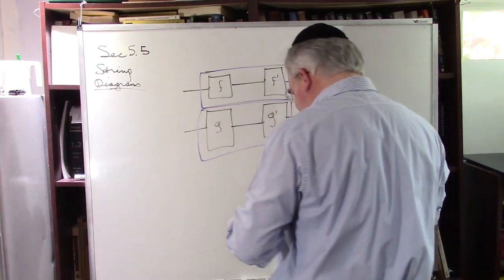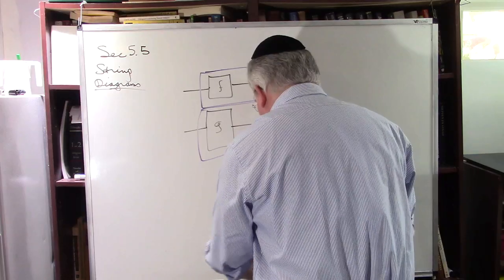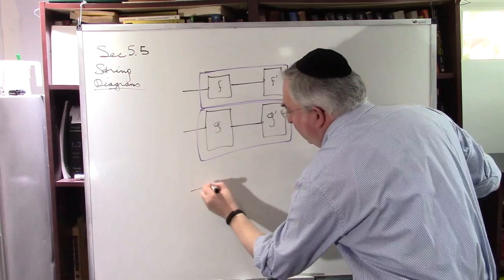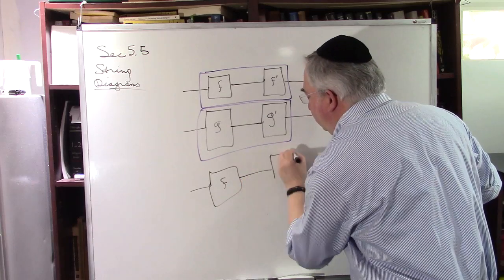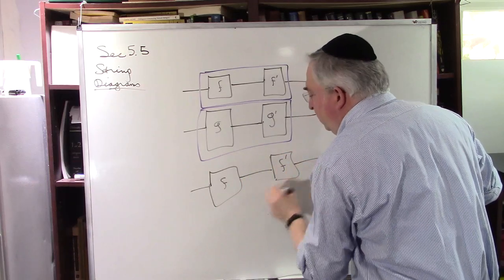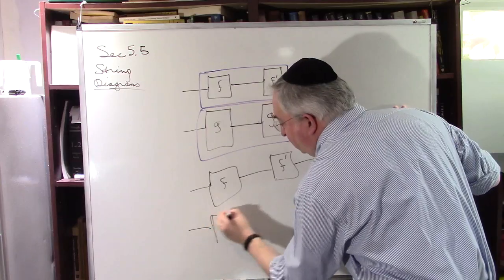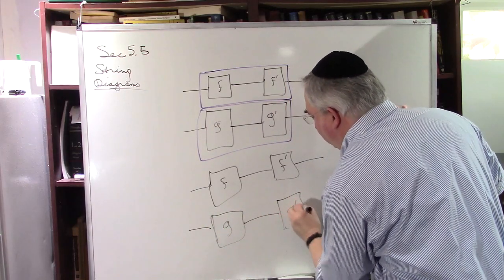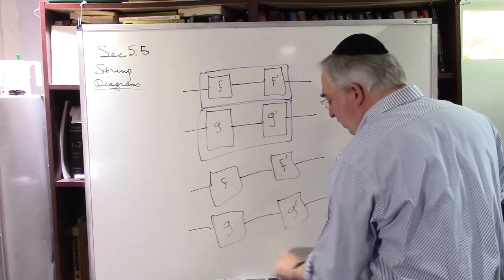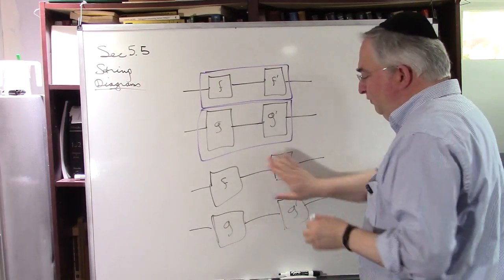Or draw the same thing, okay, and say like this. Here's your F. Here's your F prime, here's your G, here's your G prime, okay? Or maybe you should say, no, close this off.